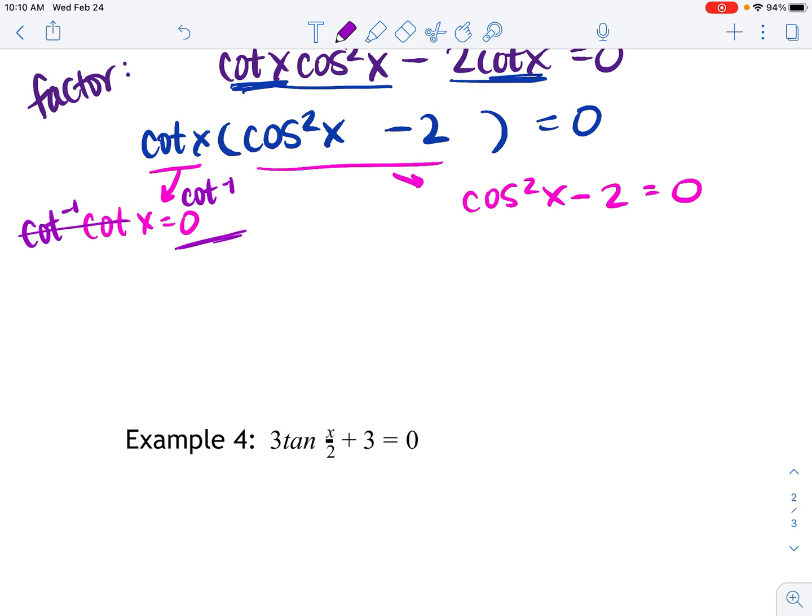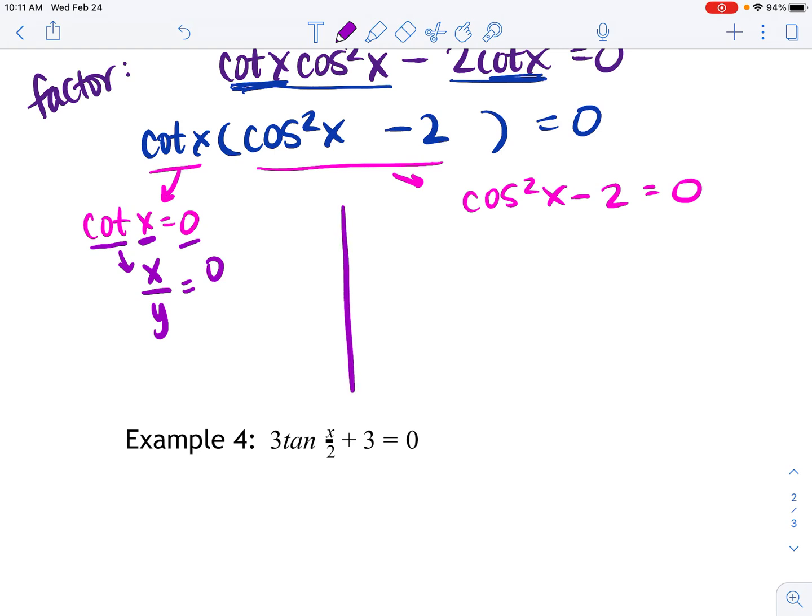If you recall, when we talked about inverses and how to solve them, we're looking for an angle where if you take cotangent of that angle, your answer is 0. I know that the formula for cotangent is x over y. So when I take x over y of the numbers at my angle, I have to get 0.